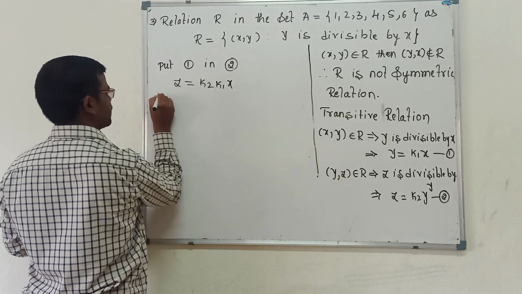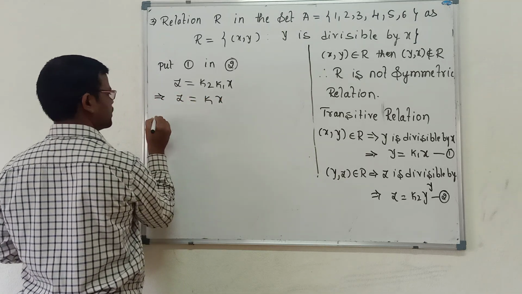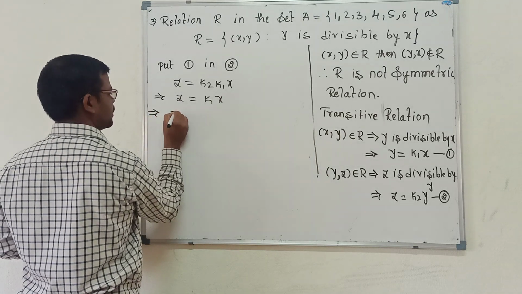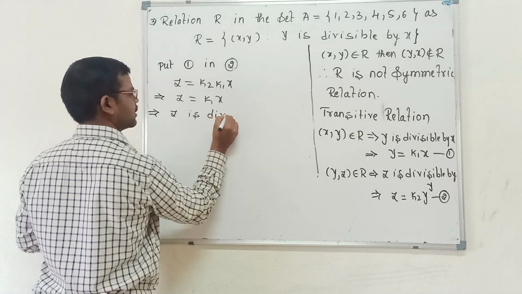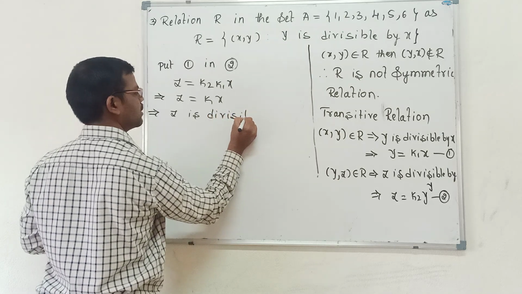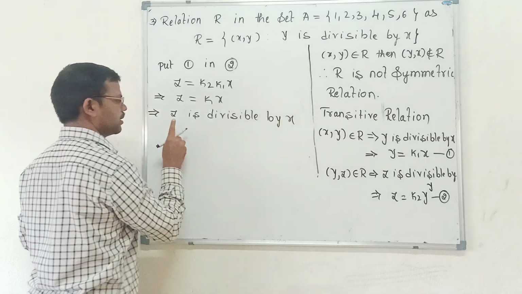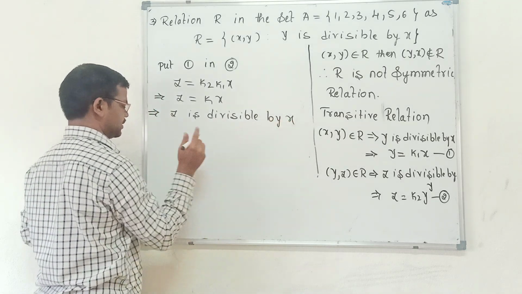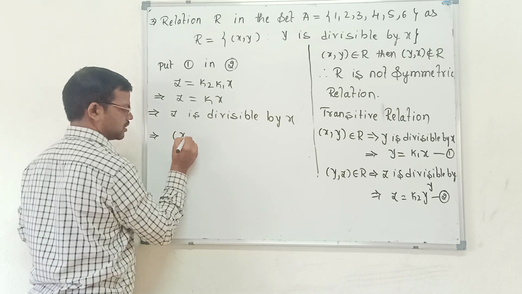So we can write z = k times x. It implies that z is divisible by x.